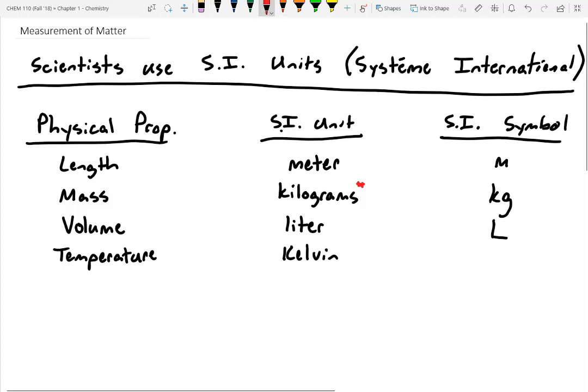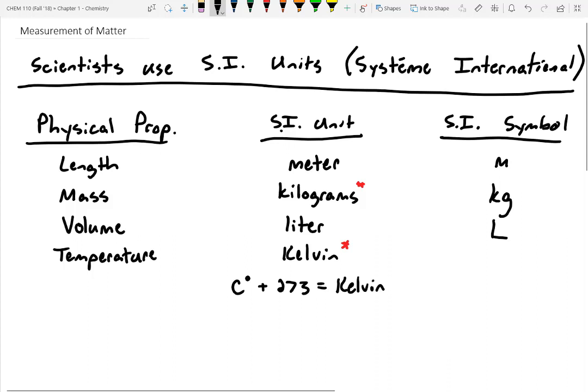If you ever take a physics class, you'll cover this in more detail. But an easy thing to remember is if you do degrees Celsius plus about 273, that will equal that same value in Kelvin.